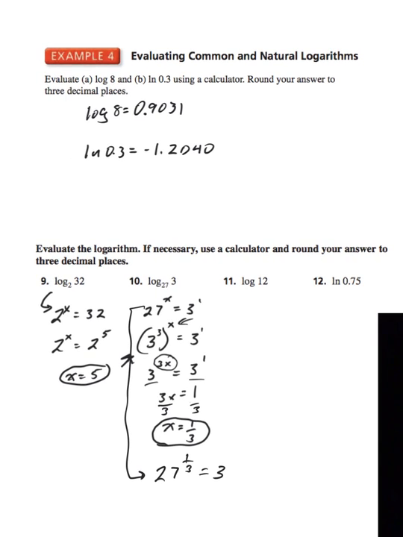Again, you're going to use your calculator to do that. So if you guys could just take a moment and evaluate those two and round it to 3 decimal places. I guess I rounded it to 4 above, but either way works fine. Okay, so go ahead and pause this video and see if you can get the calculator to spit out those 2 answers for you.